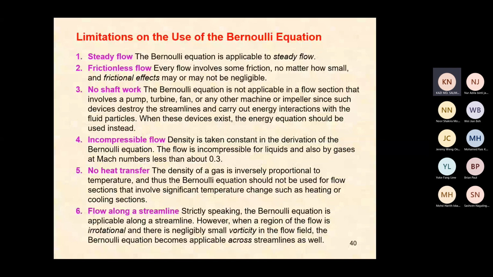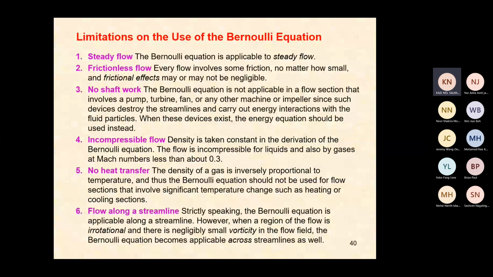Then we will have P1 and P2. When we equate them, it will not be equal unless we add the shaft work. And in compressible flow, we consider the Mach number, you see the cursor, about 0.3. And no heat transfer. If there is heat transfer, then the energy will be lost and the process parameters will be changed.